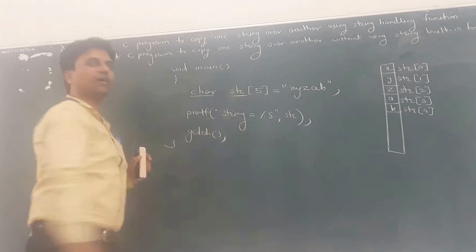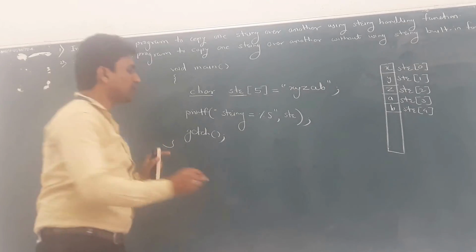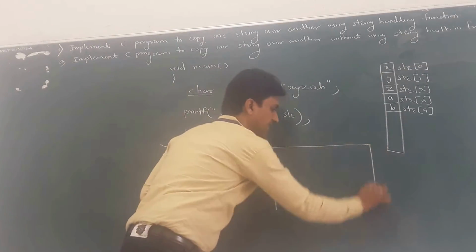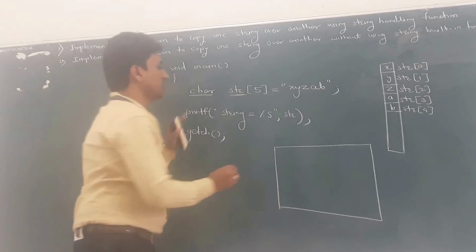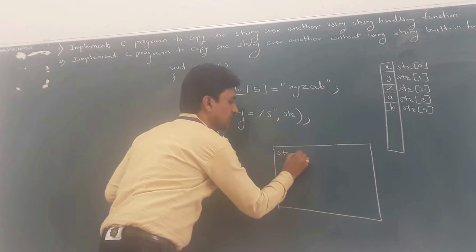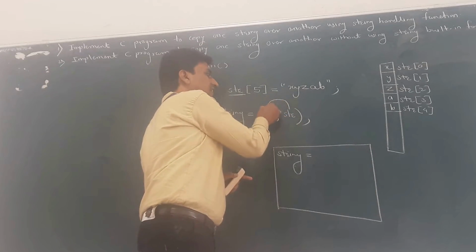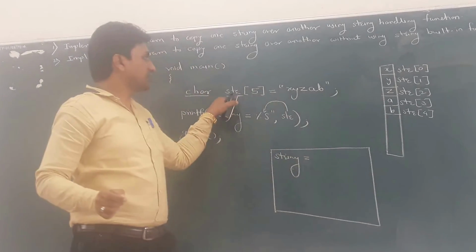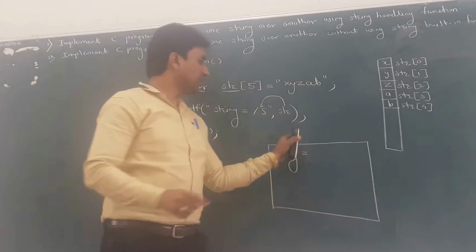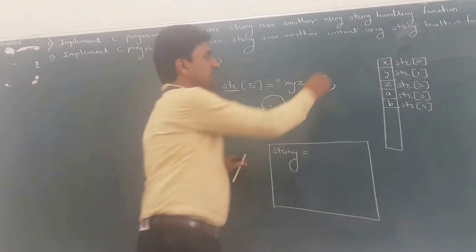So what is the predicted output on the console? The output on the console is like this. So this is your console. The message "string is equal to", and whatever is in the string variable str is printed on the console. But what happens?